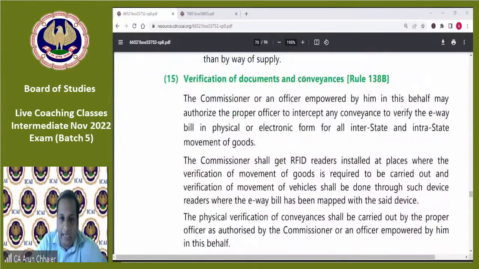Verification of the document and conveyance. Now 138B is saying the commissioner or any officer, goods value any value, rupees any value.